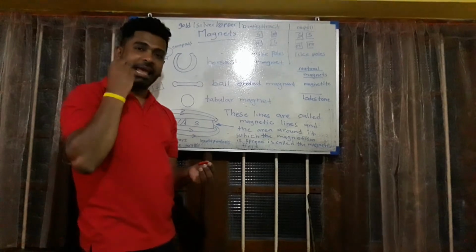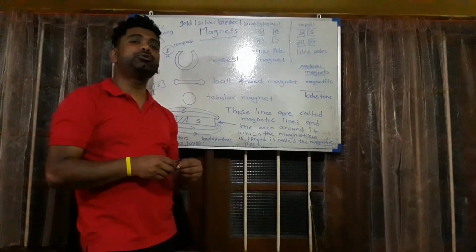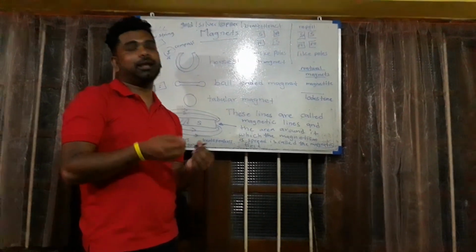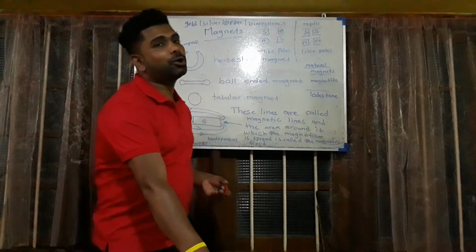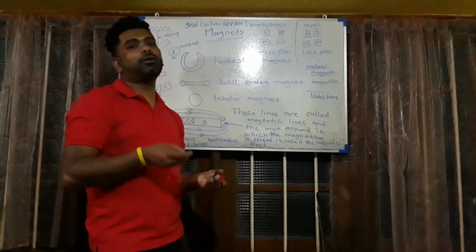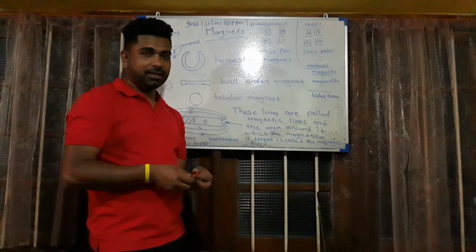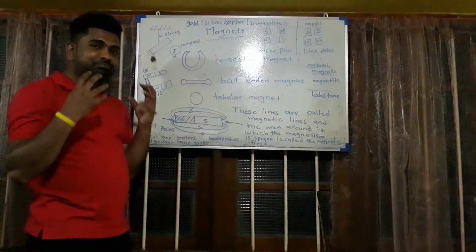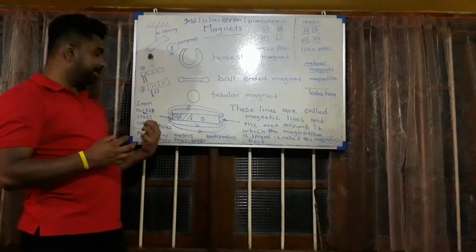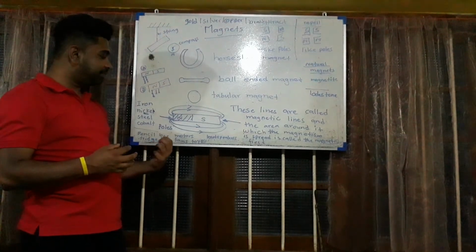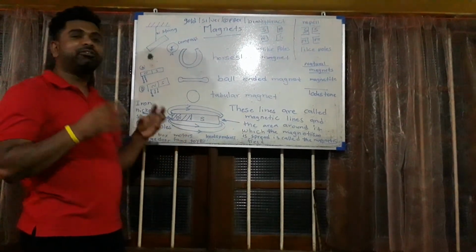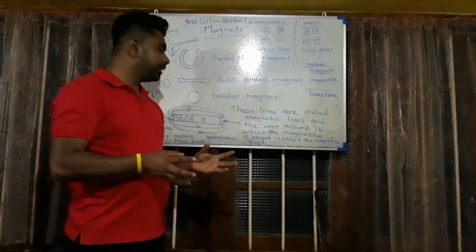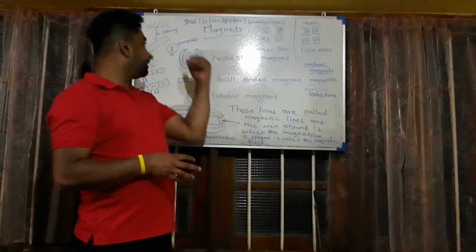In any magnet there are two poles, north pole and south pole. North pole is red, south pole is blue, right? These magnets we can see in pencil boxes, fridge doors, motors, fans, some toys, loudspeakers, and in the compass.